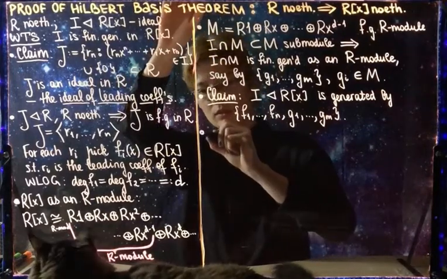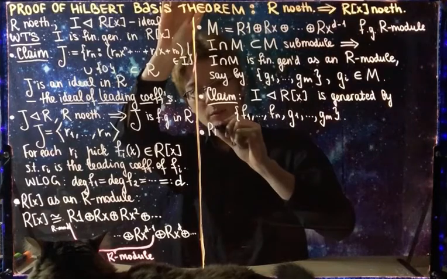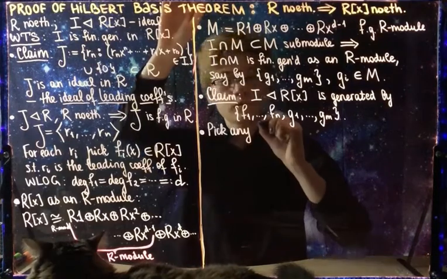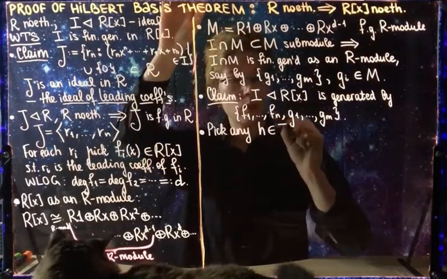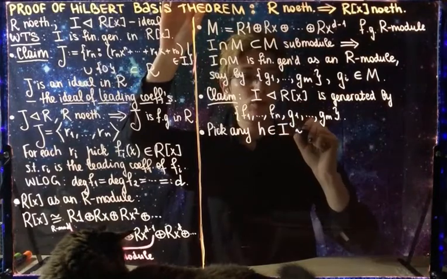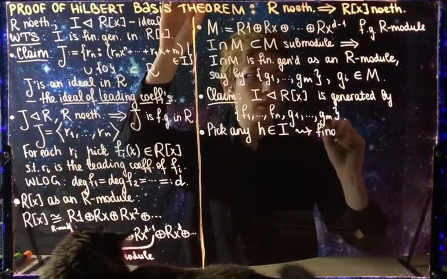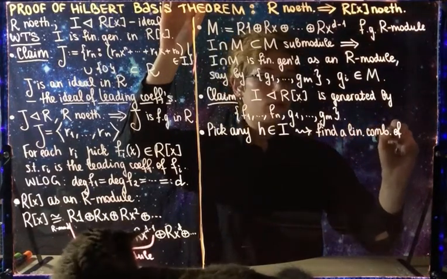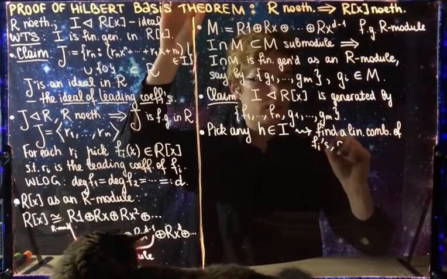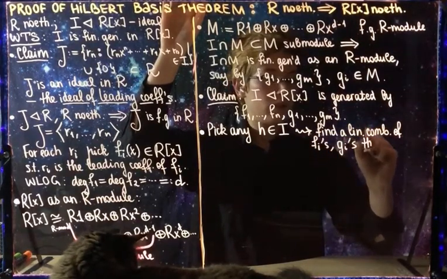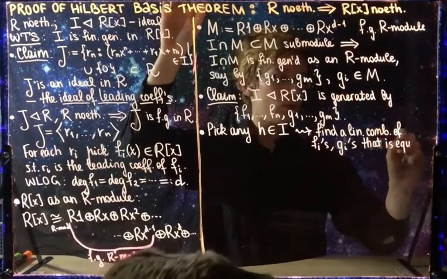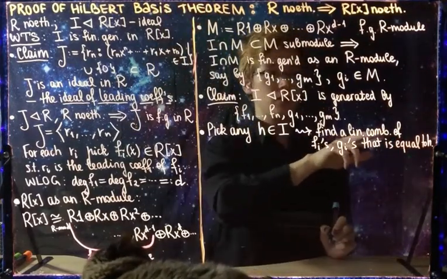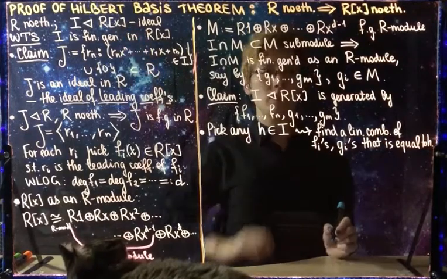Okay, so for this, I pick any element H, a polynomial in I, and I want to show that there is a linear combination of the Fi's and Gi's that is equal to H. And this linear combination is taken with coefficients in R adjoint X.